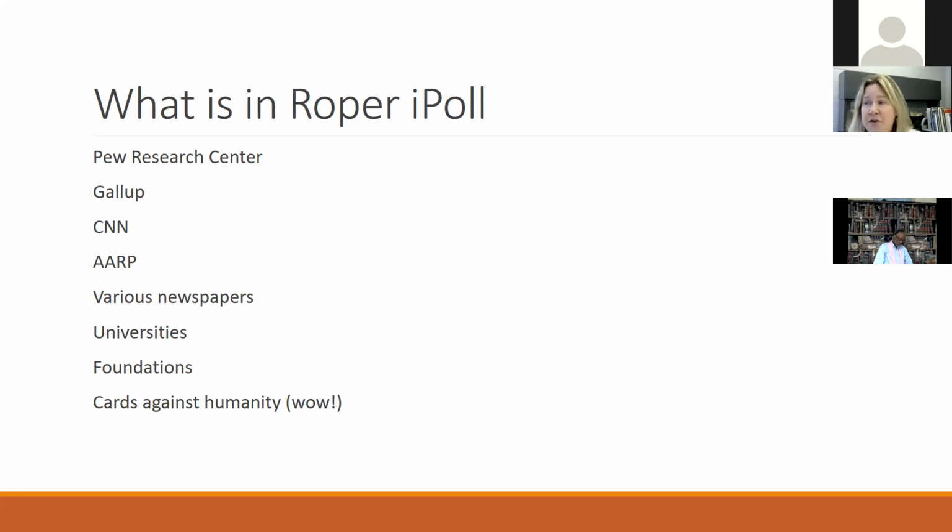But there are also various other smaller polls that are very useful, such as things from the AARP. And you're always seeing CNN polls and ESPN polls and various newspaper polls.